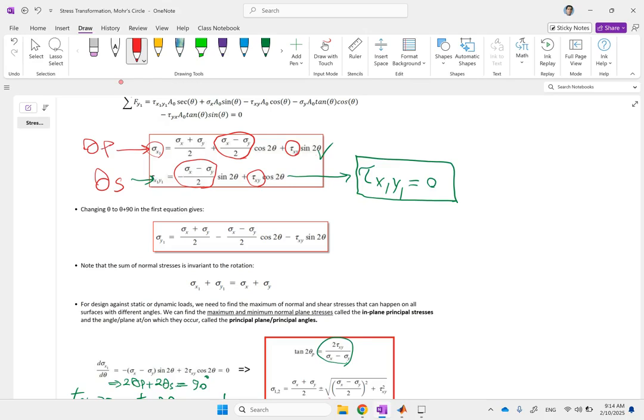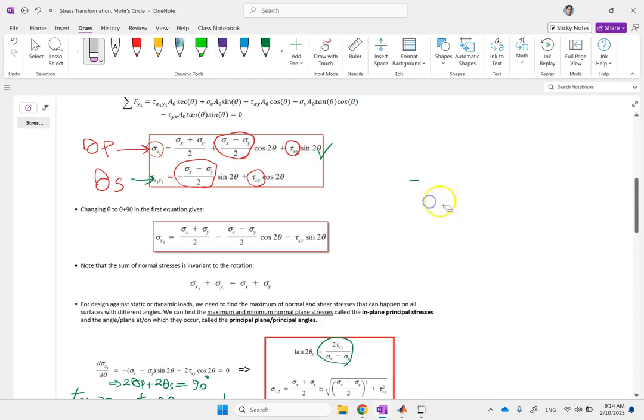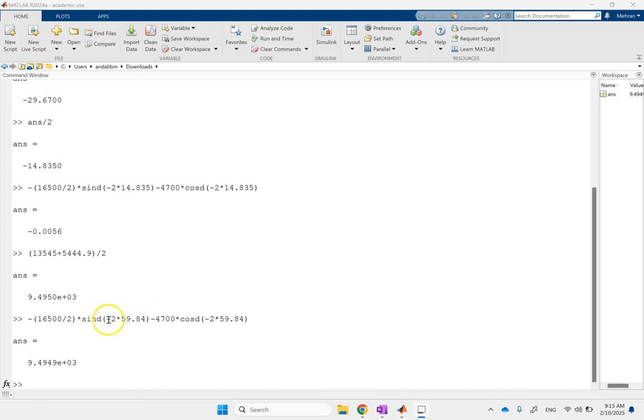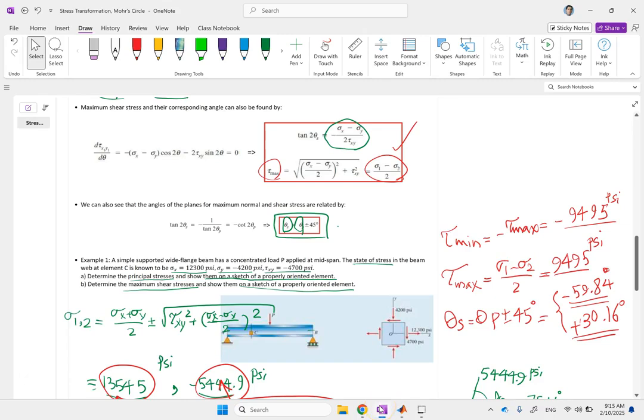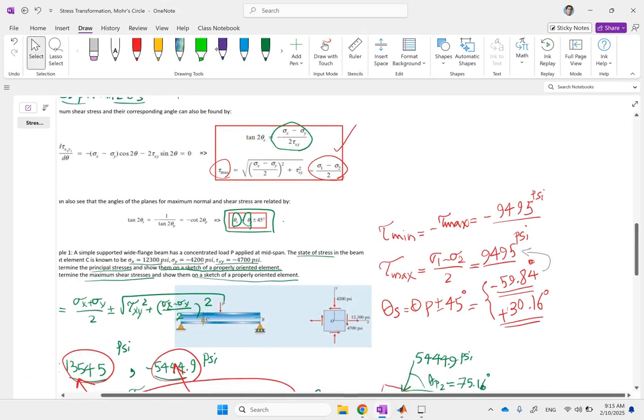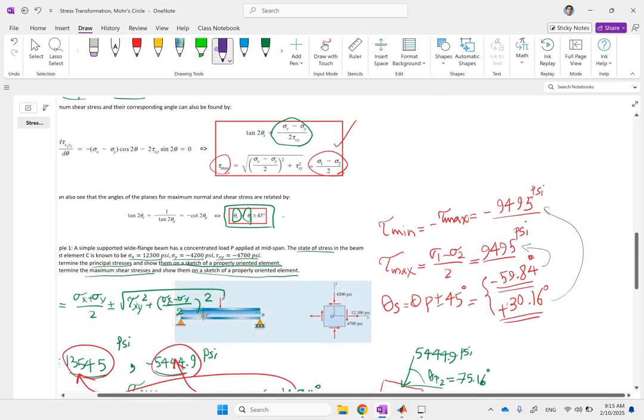Now, as I said, if you plug theta P in this one, you're going to get 0. But here, if I plug in theta S, let's go ahead and do it and see how much we come up with. So here I plugged in that negative 59, the first angle, and you see the number is that positive number. Okay, so again, clearly this corresponds to this one.